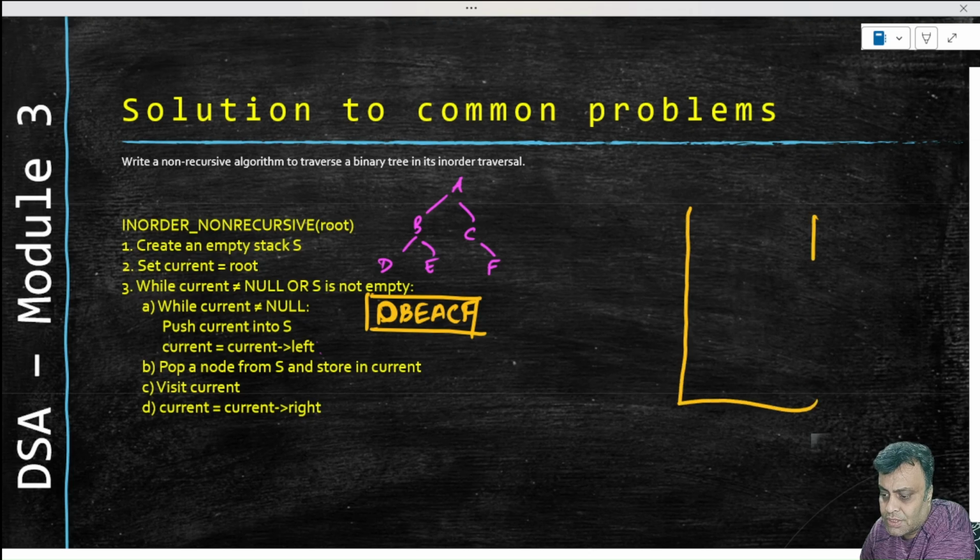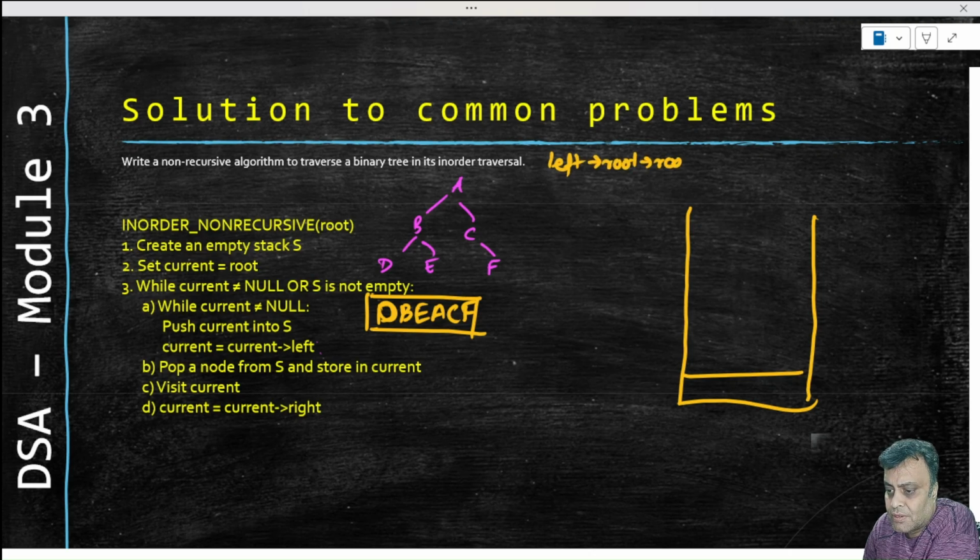What is in-order? In-order is left, root, and then right. So we will go left. We keep on going left till we get a null.